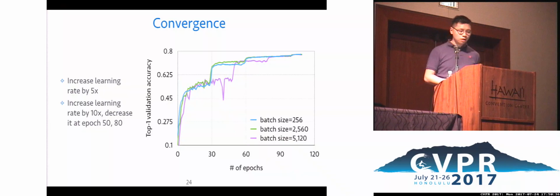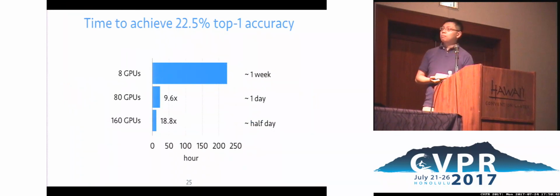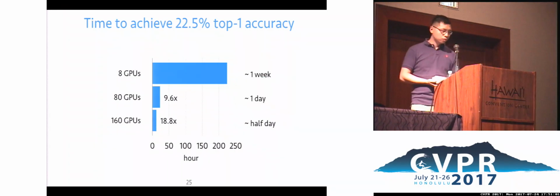So as a result, comparing this convergence result and the performance speedup, you can see that training on ImageNet to achieve top-one 22.5 accuracy using 8 GPUs takes about a week. By using 80 GPUs, you can do it within a single day, and even increasing further, you can finish everything in half a day.